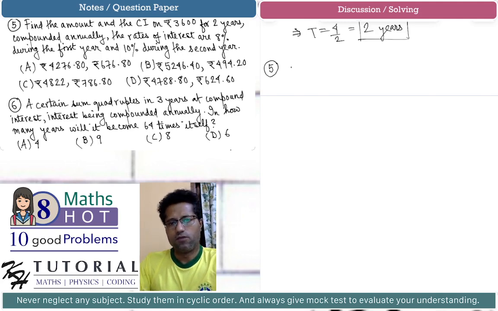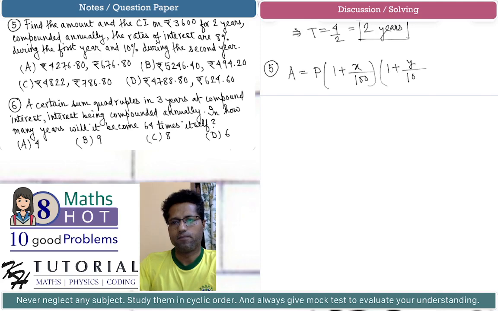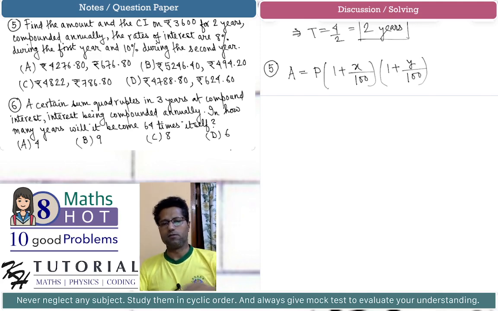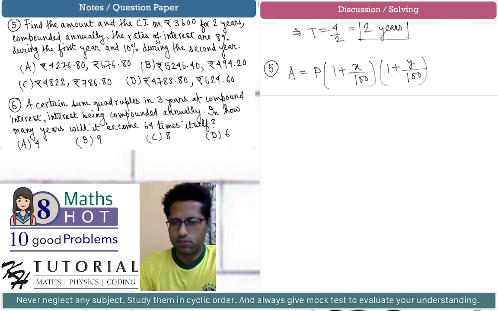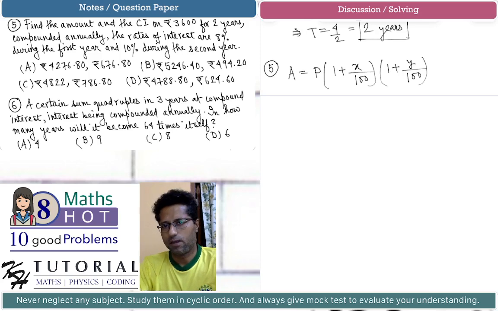So the formula is A, the amount, is equal to P multiplied by (1 + x/100) multiplied by (1 + y/100), where the rate is x% per annum for the first year and y% per annum for the second year, and P is the original principal, and this is the amount after 2 years.